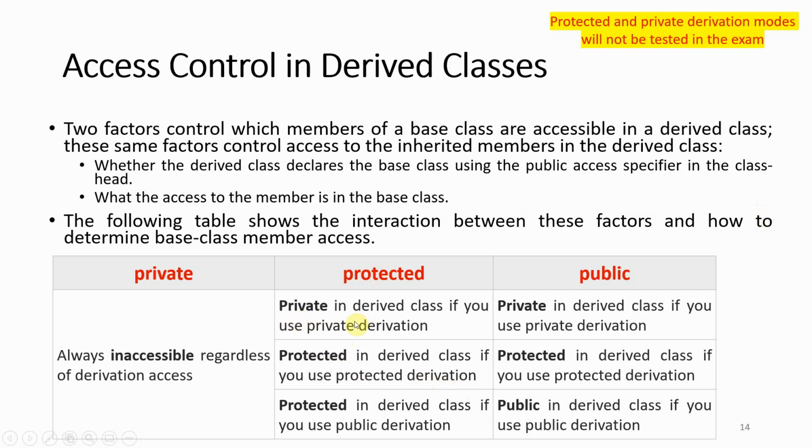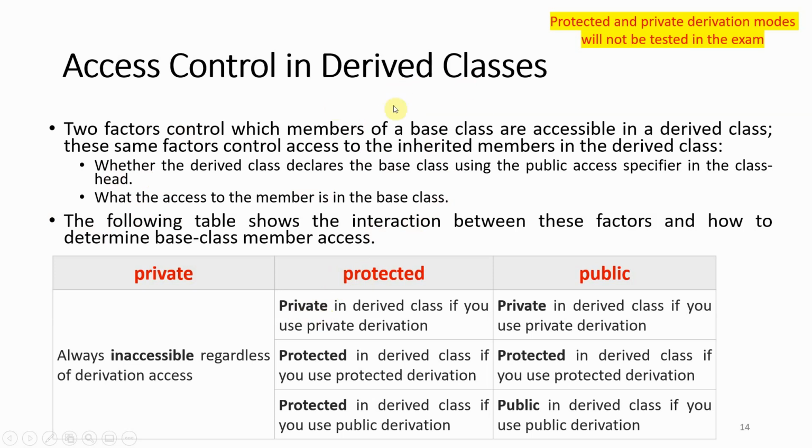However, if the derivation access mode is private, so you have some protected member variables, you're deriving another class from the base class in the private access mode, which one is more strict, private or protected? Private. So all the members that are going to be inherited by the derived class are going to be private for the derived class.